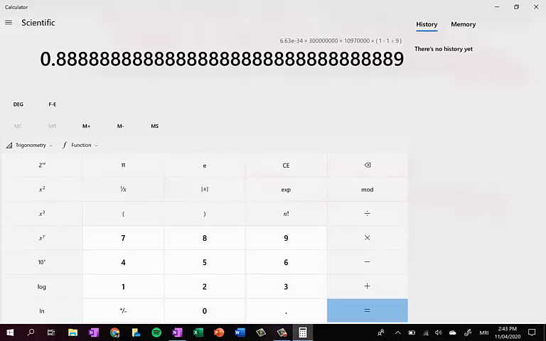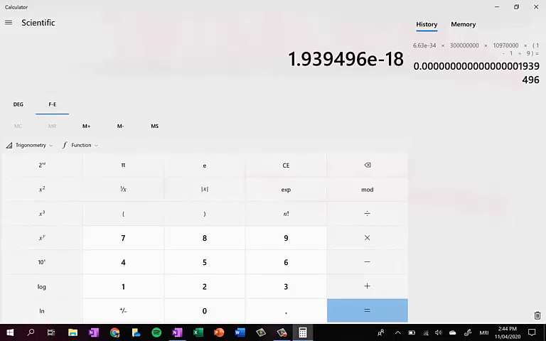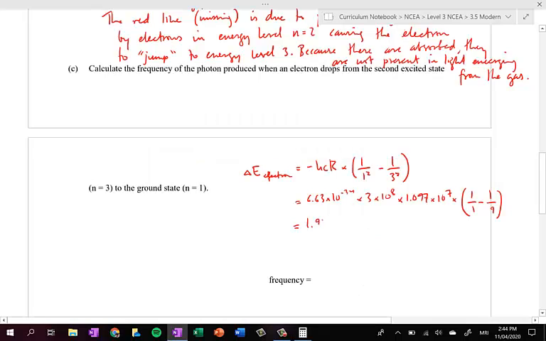I left out a minus sign there. Let's get that in standard form. It is 1.939 times 10 to the negative 18 joules. And in fact that's negative. So E photon is going to be 1.939 times 10 to the negative 18 joules.